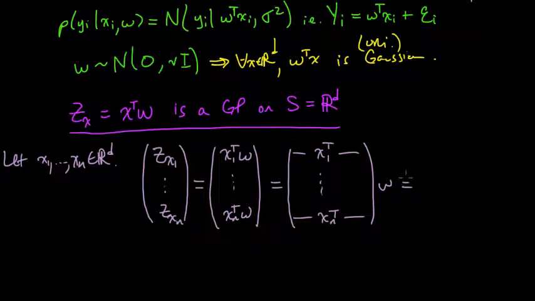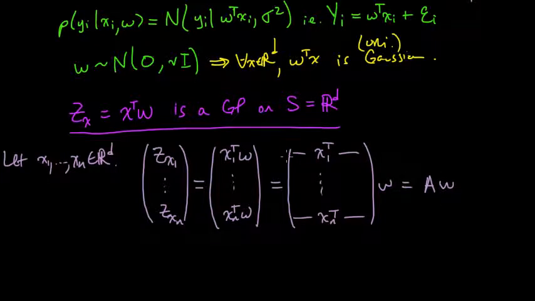W is our multivariate Gaussian. Let's call this matrix A. Actually, this is what we called the design matrix earlier in the context of linear regression. So this vector here is just the design matrix times W.